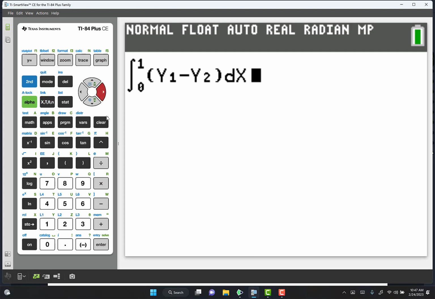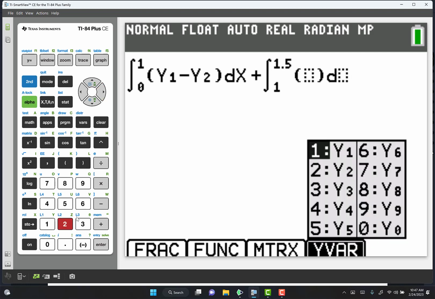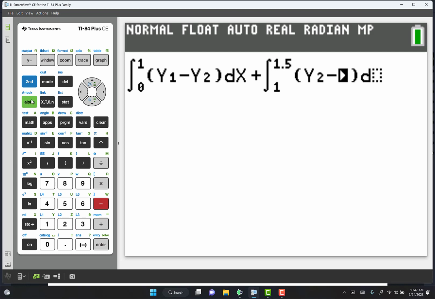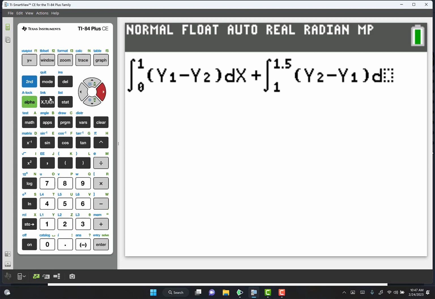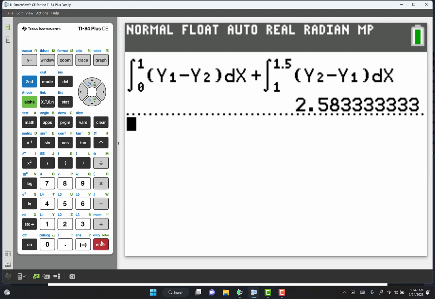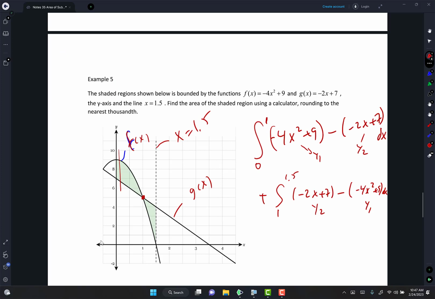And then plus math 9 from 1 to 1.5. And this time it's y2 that's on top. Alpha trace y2 minus alpha trace y1. Enter. Did you get 2.58333? There it is, guys. 2.5833.